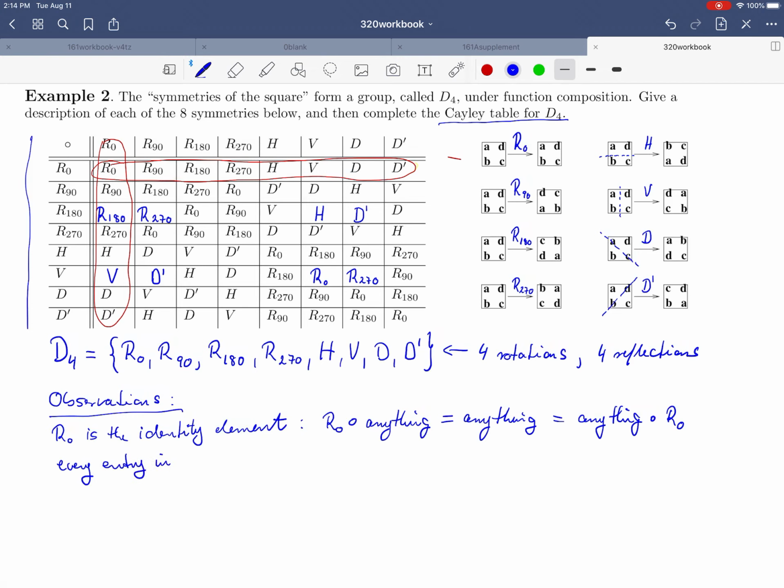Every entry in the table is a group element. And that shows that our group is closed under the operation of function composition. So we have closure under function composition, our operation.